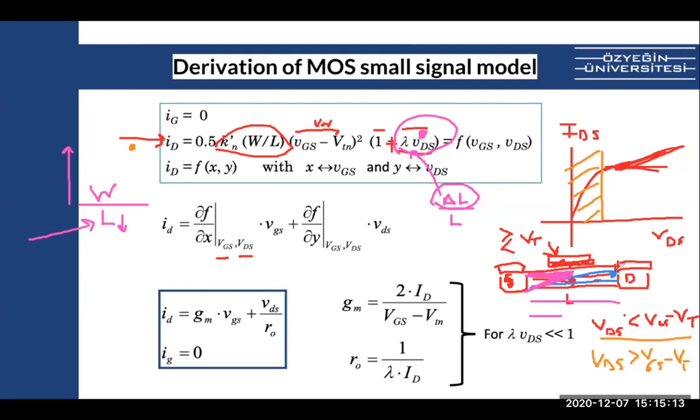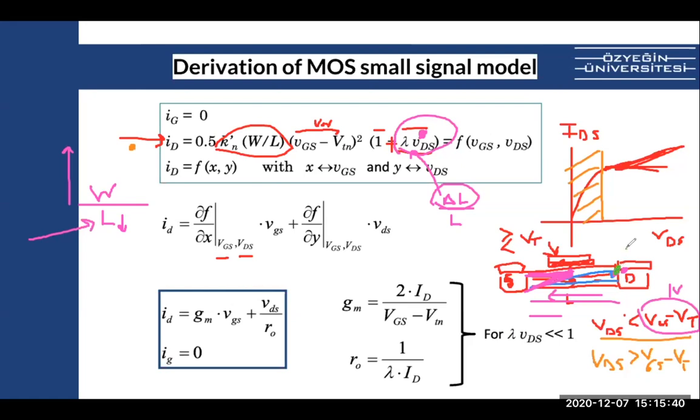So this node where it pinches has the voltage VGS minus VT. When you keep increasing VD, you are pushing that voltage to the left side. If VGS minus VT is, let's say, 1 volt, when VDS is 1 volt, you are right at the pinch.